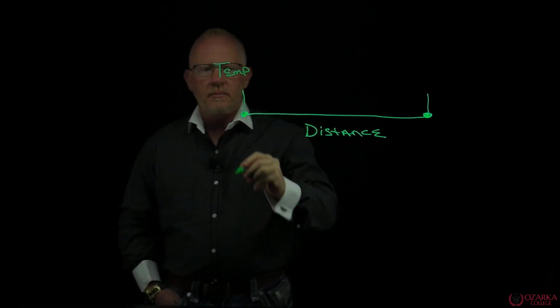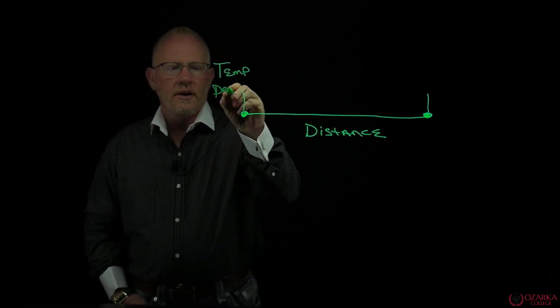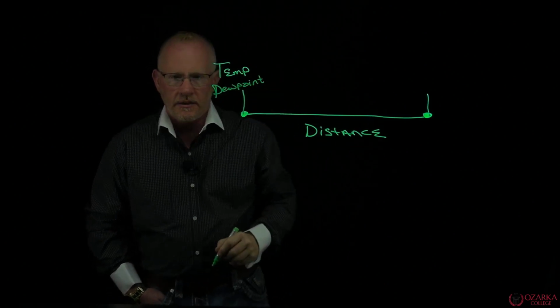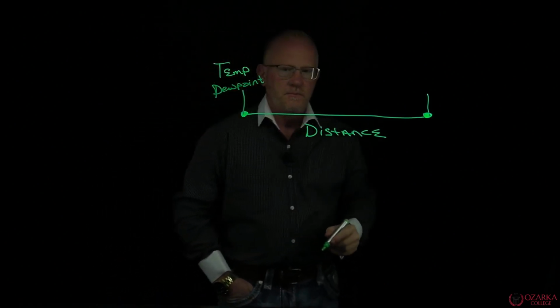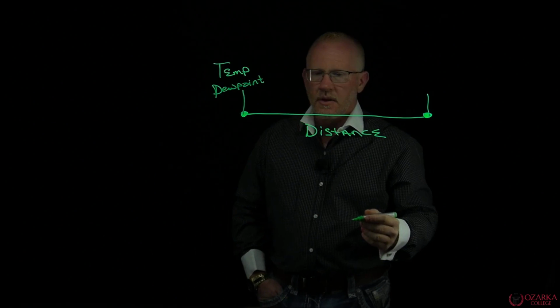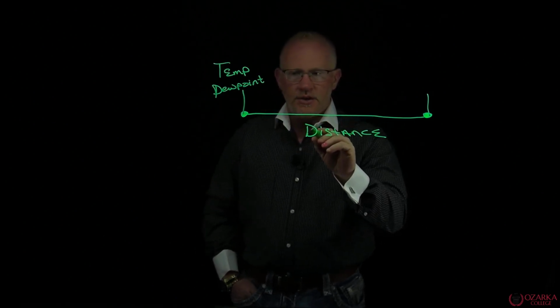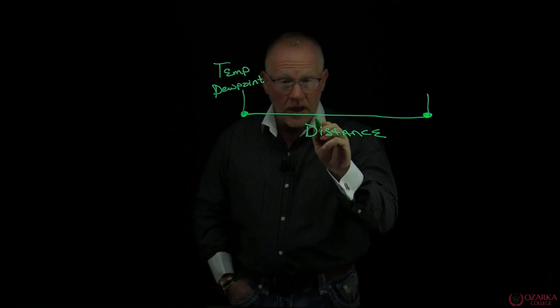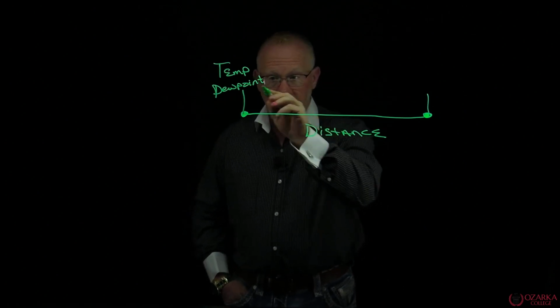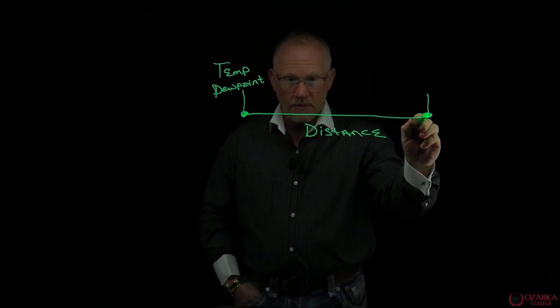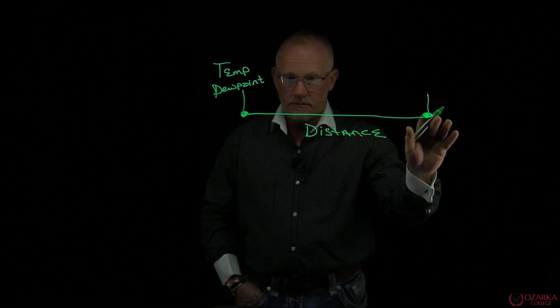You heard it talk about dew point gradient. So what is it? A temperature or dew point gradient is just how much the temperature or dew point changes between this point and this point. That's all it is.